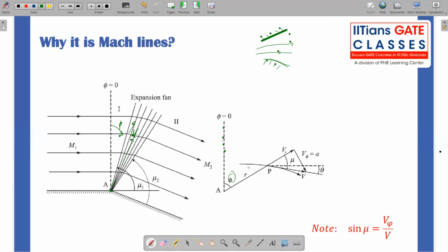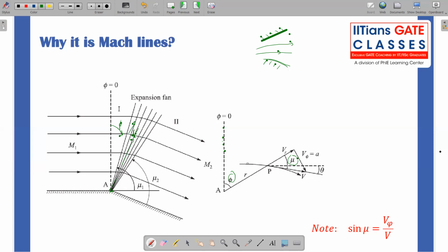And we know that this Mach angle is always defined with respect to the flow direction and this radial line. If I call it a Mach line, then I will call it the Mach angle. Let us define mu as an angle which is measured with respect to the radial component to the velocity direction itself, right?